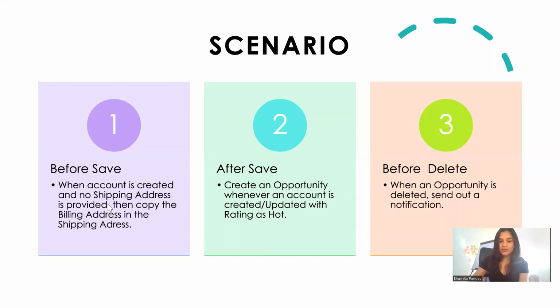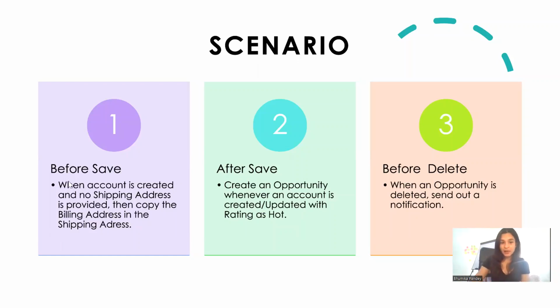So here, when an account is created and no shipping address is provided, then copy the billing address into the shipping address. Before we go ahead with the implementation, there's another thing you need to understand: how do you decide whether to write your logic in the before event or the after event?